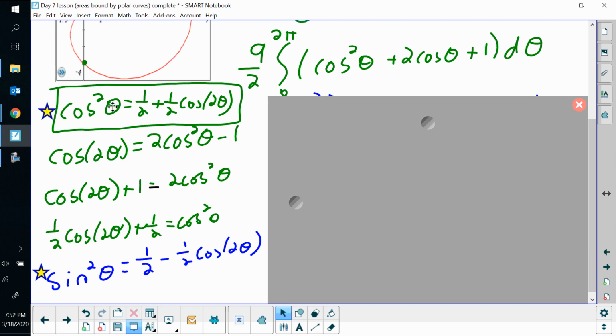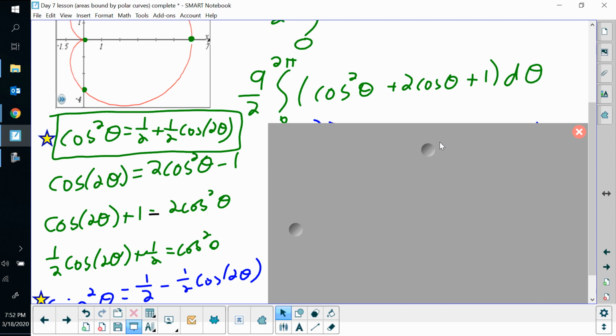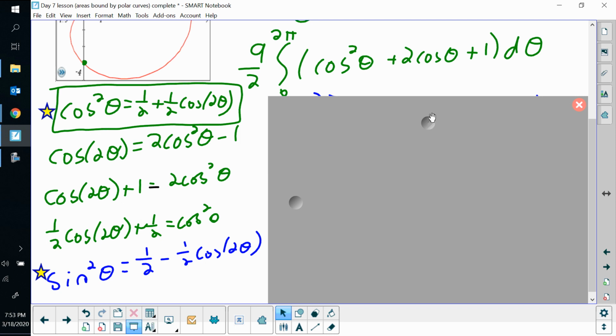So cos squared theta we replaced with 1/2 plus 1/2 cos 2 theta, and that came from our double angle formula below. This bottom part's just showing you the derivation of it. You don't have to write that down, just write the 2 formulas we had. And sine squared theta also came from the double angle formula for cos, but that one had the minus in it. Because we have a squared radius, we'll have a lot of squared trig functions, so we'll have to use these a decent amount in these problems.